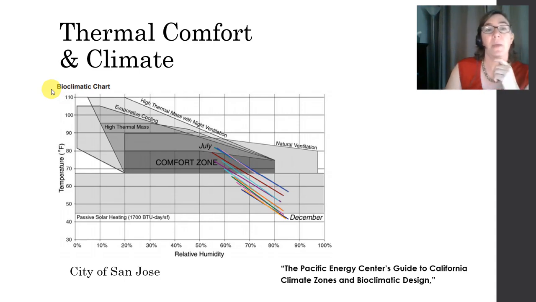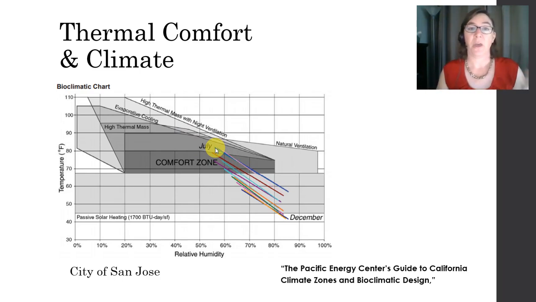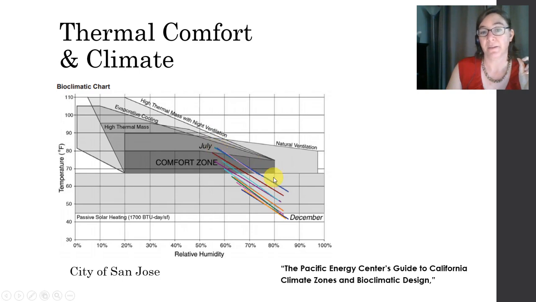So on this bioclimatic chart, what they've done is taken the typical range of humidity and temperature and graphed it for every month. So every one of these colored lines is the data for a specific month.